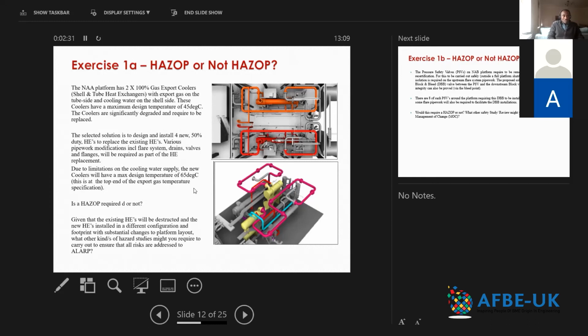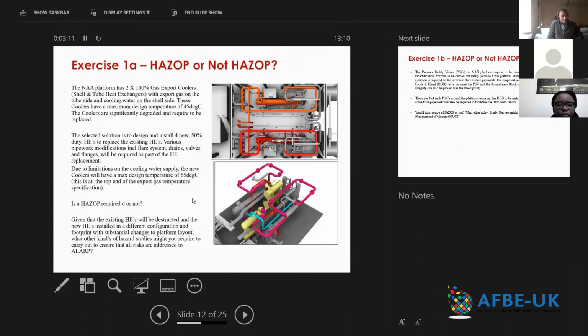Obviously, before we answer that question, have we started to get any responses already with the fast fingers? Okay. A follow-up question that I included with that was to say that given that the existing heat exchangers will be destructed and the new heat exchangers installed in a different configuration. So first of all, we had 2 100% heat exchangers. Now we are going to be having 4 heat exchangers operating at 50% duty, which if you do the math, is the same throughput, because it's still 200% capacity that we are having.